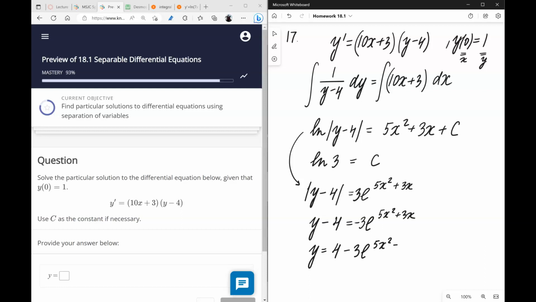So maybe we plugged it in too soon. So technically it's plus or minus, but we're going to pick negative because negative is what's going to make sure that the initial condition is satisfied. So the final answer is 4 minus 3e to the power 5x squared plus 3x.